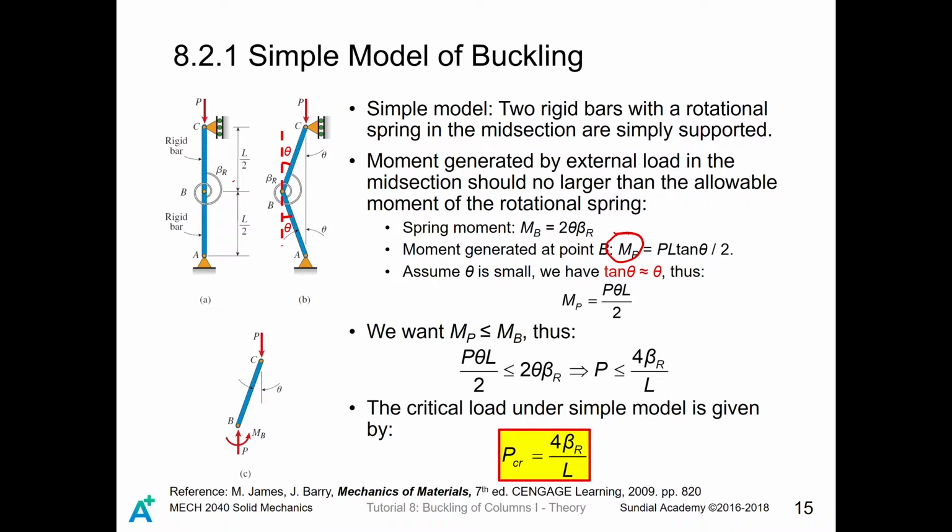The moment generated at point B caused by the load P is given by P times this length, while for this deflection, it is given by L divided by 2 times tangent theta. So here it is theta.